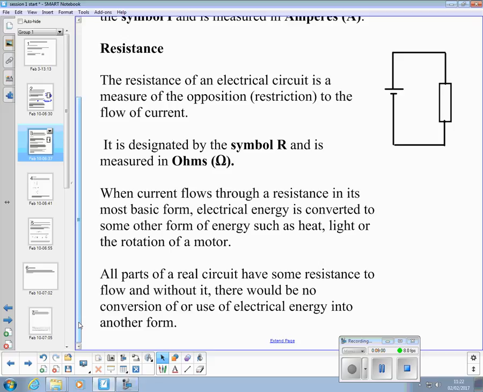All parts of a circuit have some resistance to flow. Without it, there will be no conversion or use of electrical energy into another form. So the circuit with no resistance doesn't exist. Okay? You're all happy with that so far?